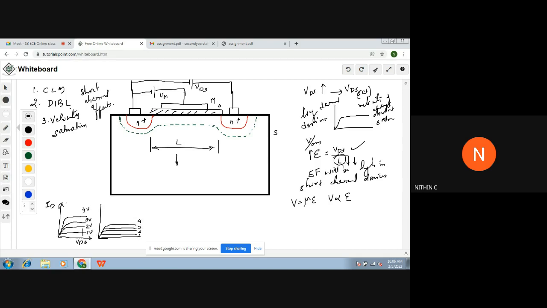So that is all there is to it. The first figure is without velocity saturation and the second figure is with velocity saturation. How is it different? This ID has got reduced considerably, or you can say the saturation has taken place much before.